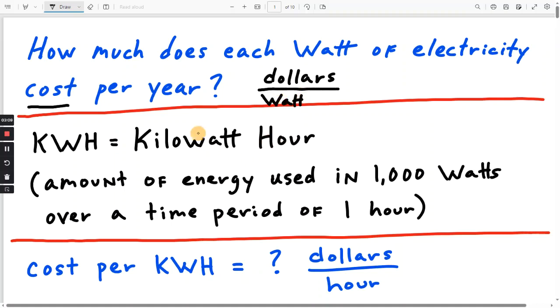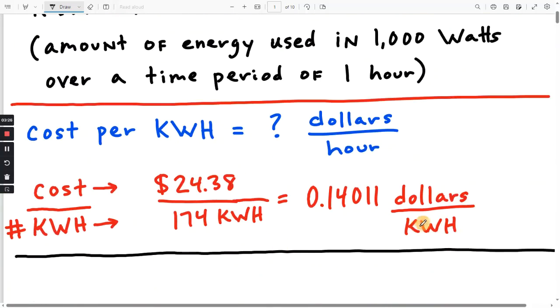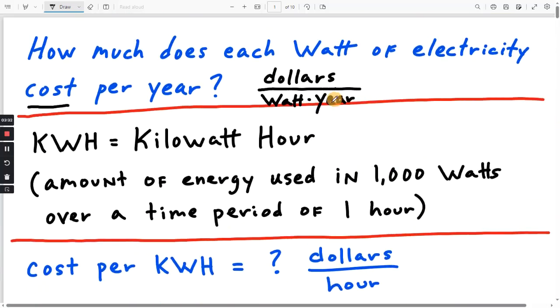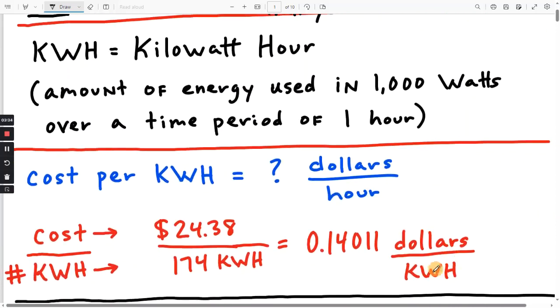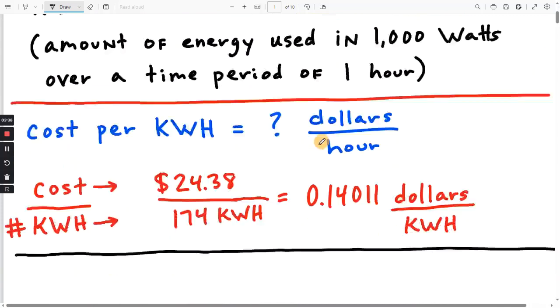But it's watts over a period of 1 year rather than hours. So really the units will be dollars per watt year. Alright, so basically from the answer we just got, we want to convert kilowatts to just regular watts, and we want to convert hours to years, because this is in terms of hours, but we want it in terms of years. Alright.